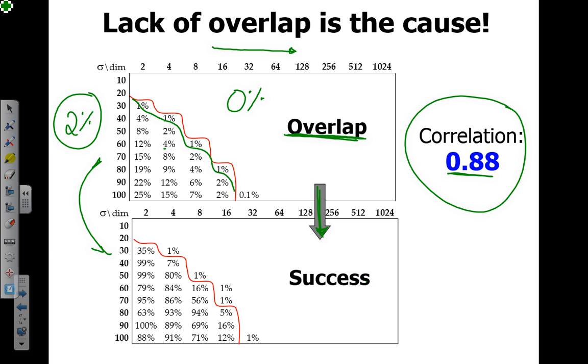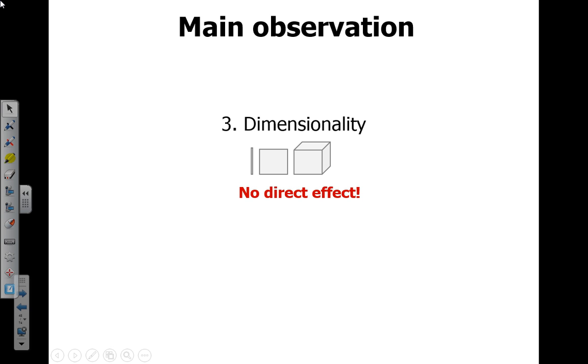So there is this kind of implication, and actually quite a strong one. It's not about the dimensions, it's about the overlap. My conclusion from this might be a little bit surprising: dimensionality has no direct effect on how K-means performs. But you have to remember that dimensions do affect the overlap, and overlap affects K-means.